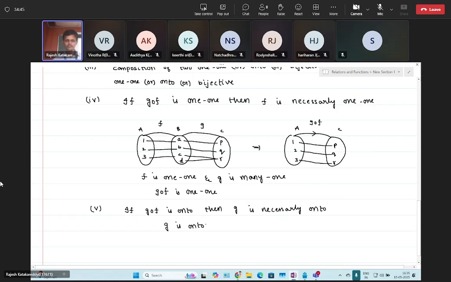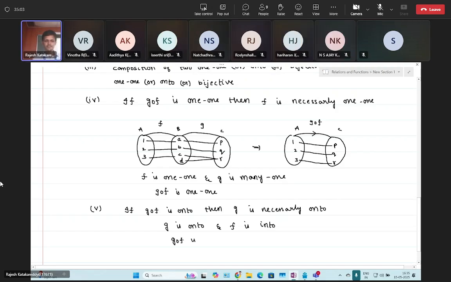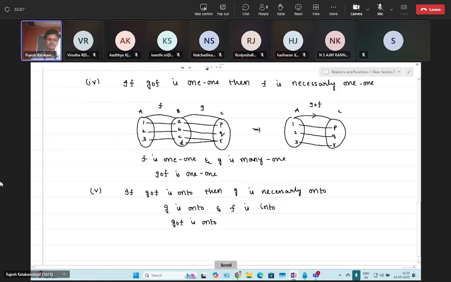How onto? Every element from set C has at least one preimage. But if we consider f here, what is f? f is into, because there is an element D that doesn't have any preimage. But what we have in composition, g composition f, is onto. Clear? Understood? This is the fifth one.